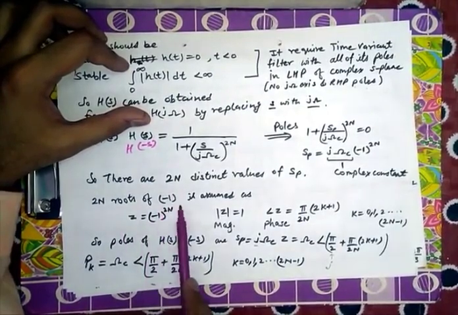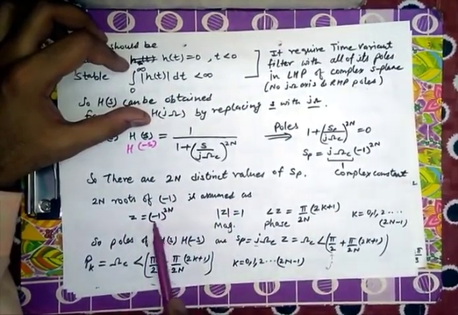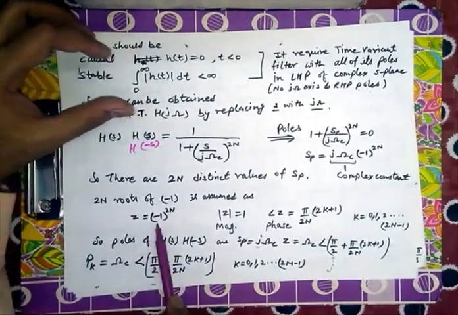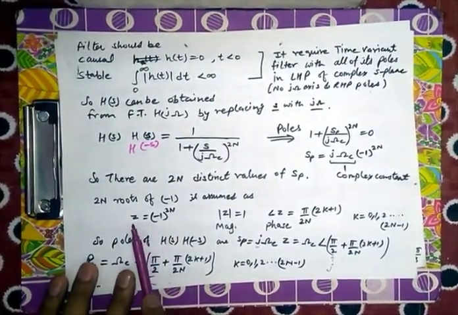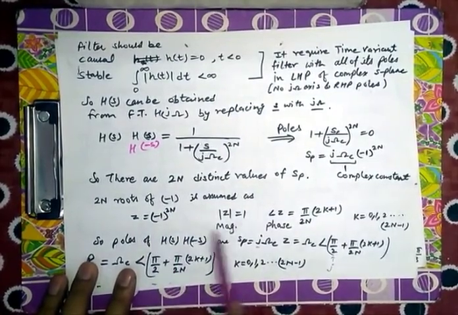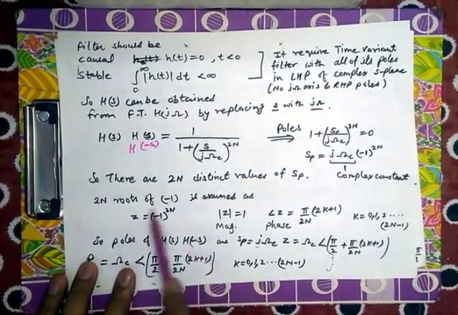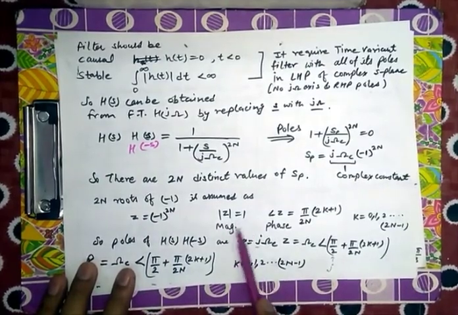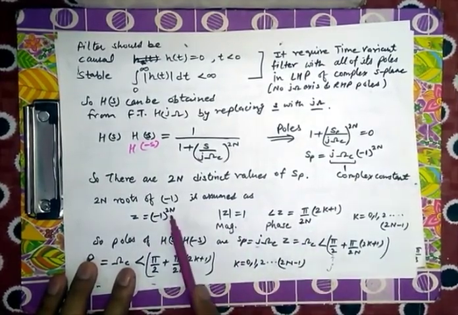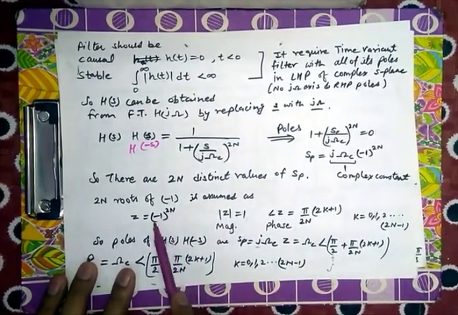2n roots of minus 1: suppose we have to solve this equation, so we assume that z is equal to minus 1 raised to power 1/2n. These are roots of this equation, and this assumption implies that z magnitude is always 1 and phase varies with respect to k, because it is now a phasor quantity.